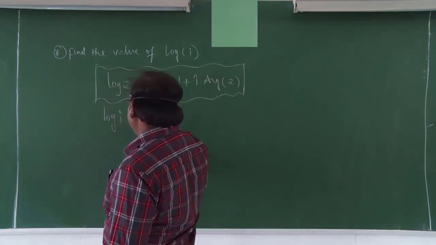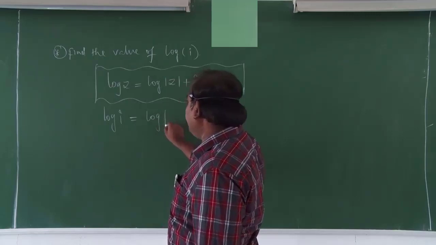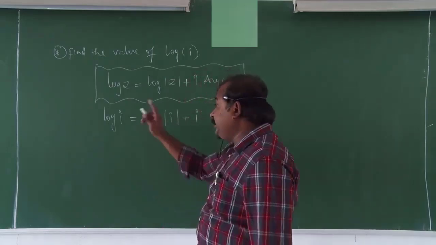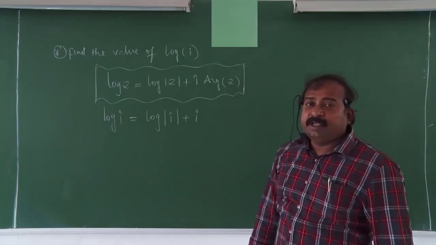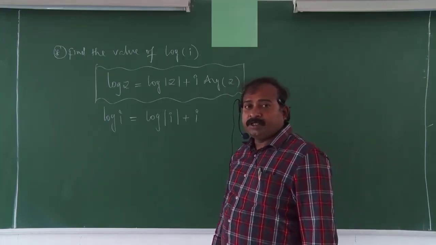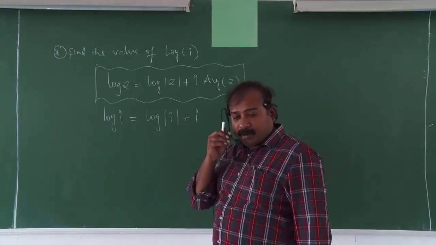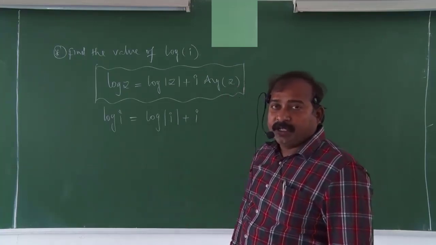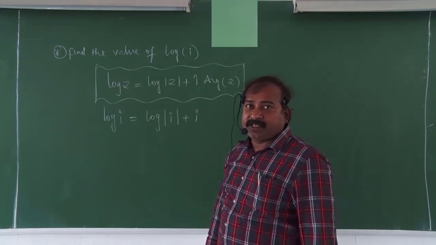Logarithm of i is logarithm of mod i plus i into argument of i. I is a complex number, the point 0 comma 1, which lies on the positive imaginary axis.